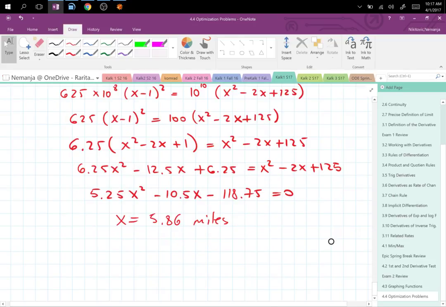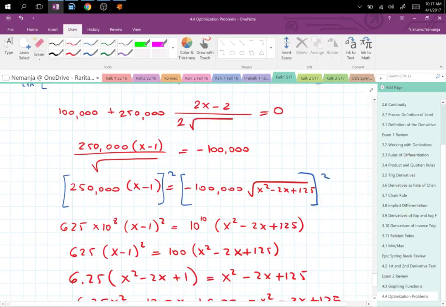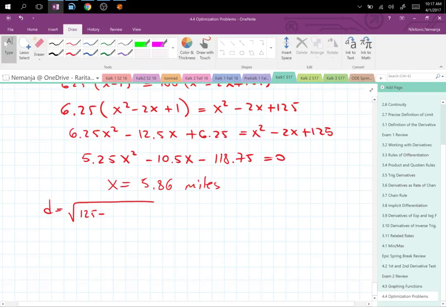So now we have to find d, square root of 125 minus 2 times 5.86 plus 5.86 squared. So we compute this now.